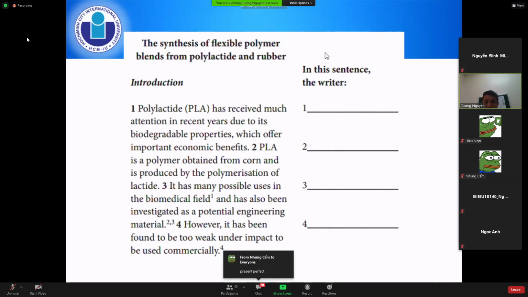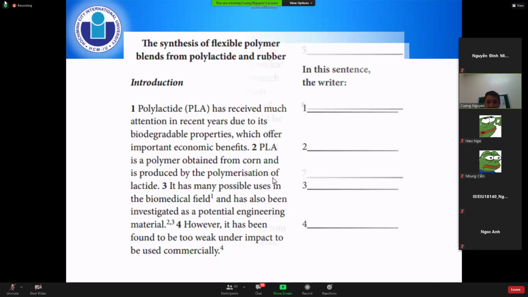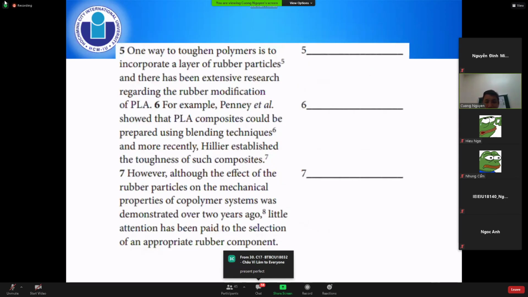Present perfect, okay. Number 2, simple present. Number 3, simple present. Number 4, present perfect, okay. Number 5, simple present and present perfect.